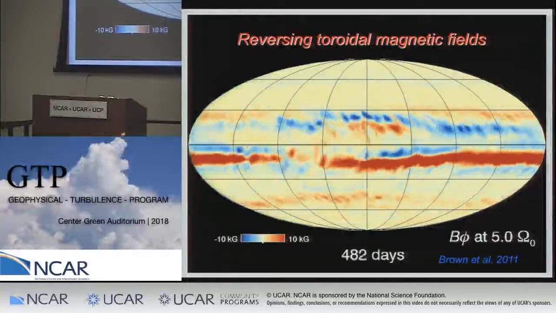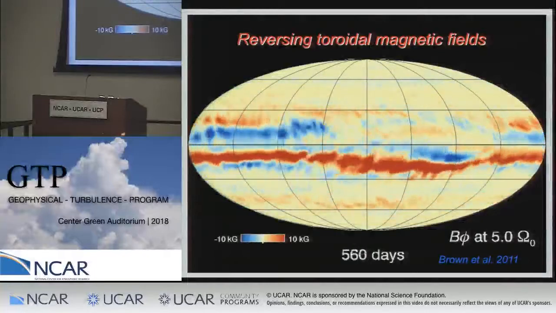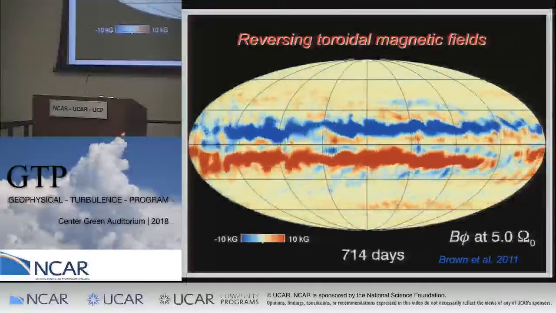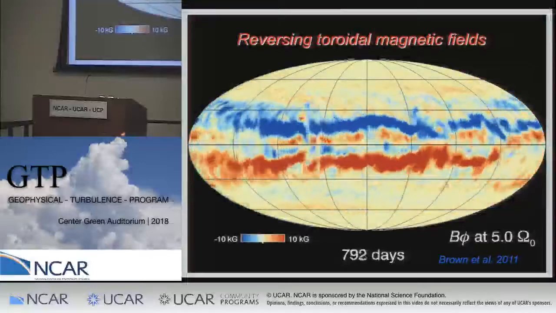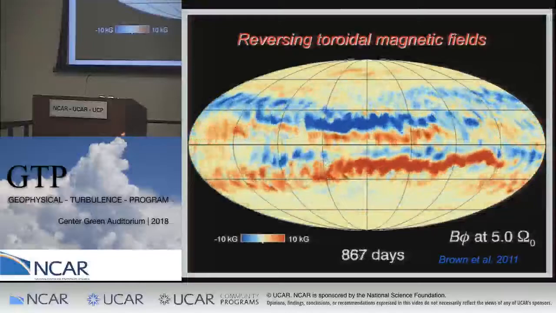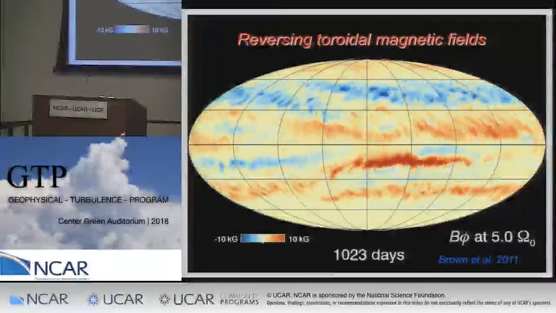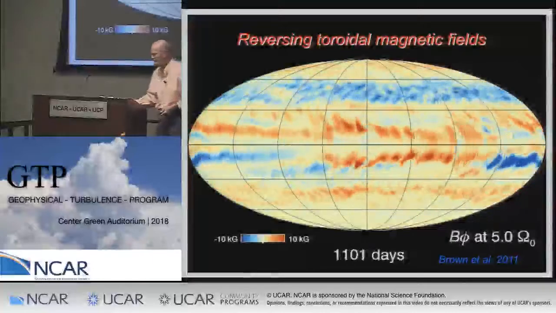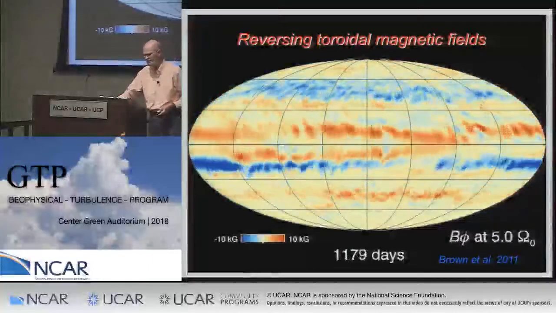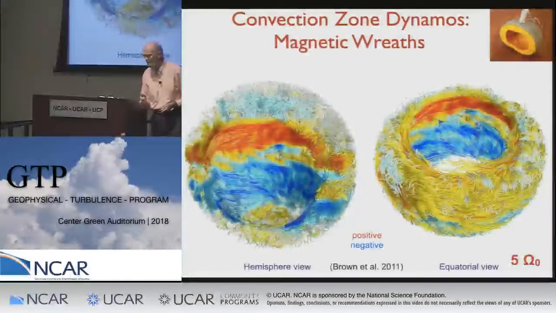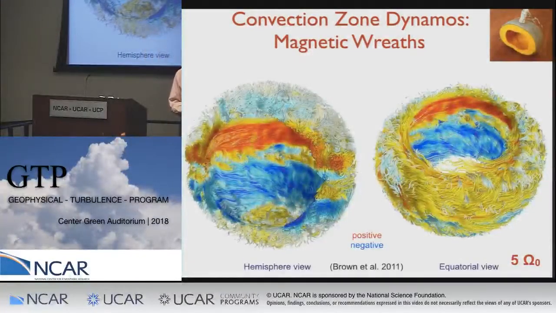They go through cycles. If we look at the longitudinal magnetic fields as a function of time, they tend to have a fair amount of magnetism at fairly low latitudes, and they chug away, building fields that peak at the order of 10 kilogauss or so. And we've come to call them magnetic wreaths.